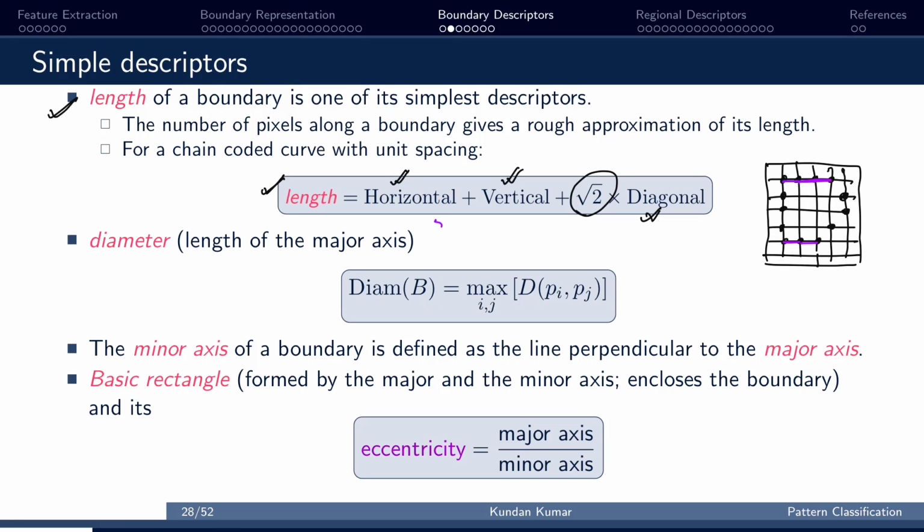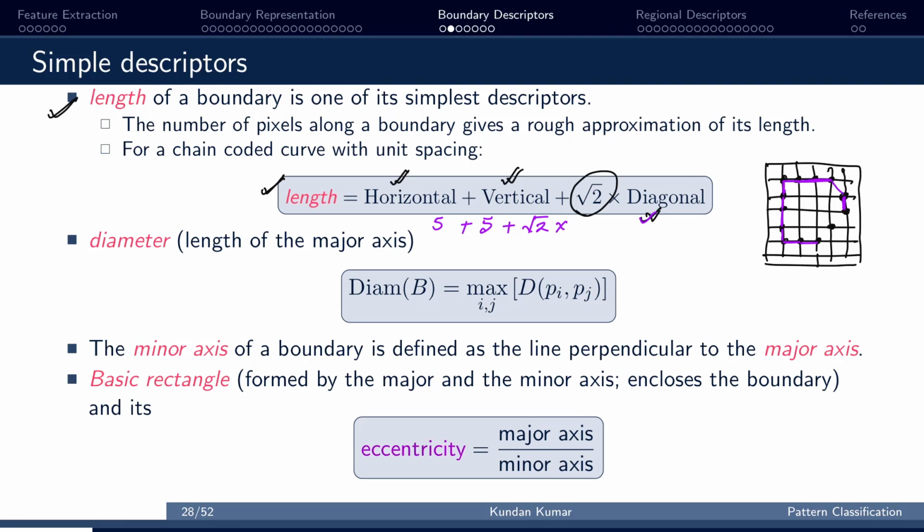So it will be 5, plus 1 vertical, 2, 3, 4 and 5, so we have 5 vertical grid, plus root 2 times the number of diagonal grid.